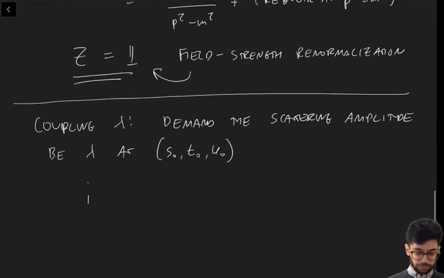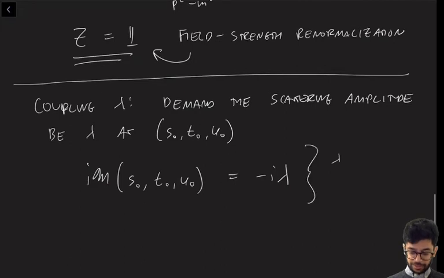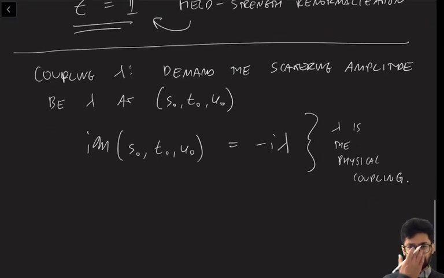So we're going to demand that the amplitude at s0, t0, u0 is exactly equal to minus i lambda. Okay, so this is what it means to say that lambda is the physical coupling. This means that lambda is observable.